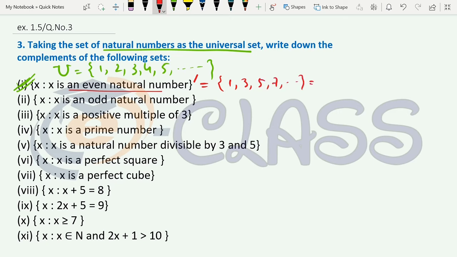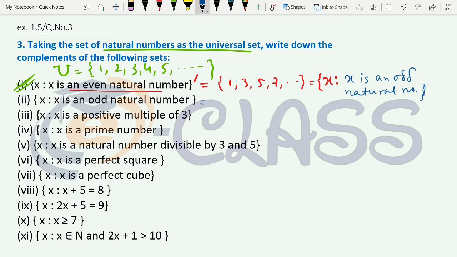So you can write this as x such that x is an odd natural number. So the elements of the complement of this set are x such that x is an odd natural number.